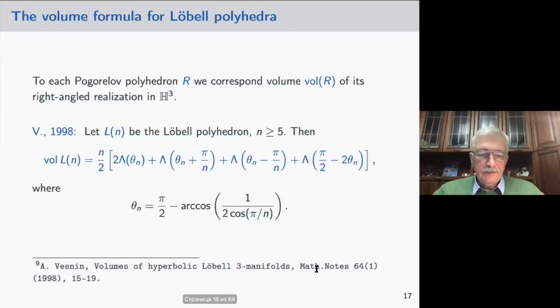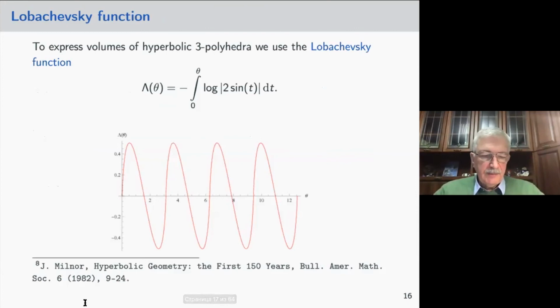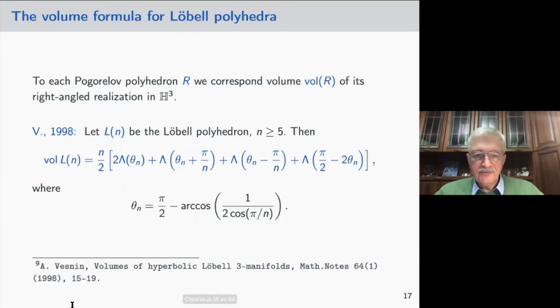For example, in the paper written by John Milnor, you can find the formula for how to find the volume of a tetrahedron if you know the dihedral angles. And this formula is quite complicated. Also in the case of the dodecahedron and its generalization, this formula doesn't look easy. So in most cases, we are only able to calculate up to a few digits.